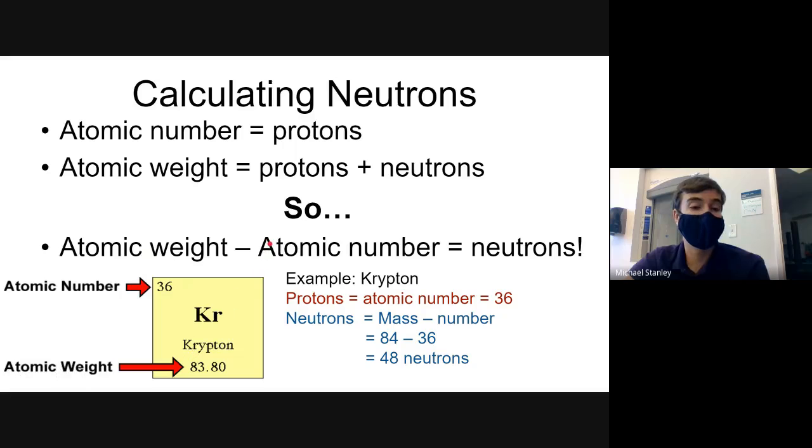It's just minus. Subtract. So the weight minus the number is the best way to figure out how many neutrons you have. I think that's what you're asking, if that helped at all. Yes, thank you. No problem.